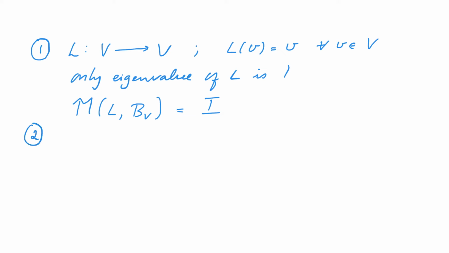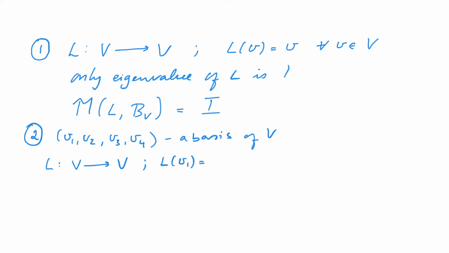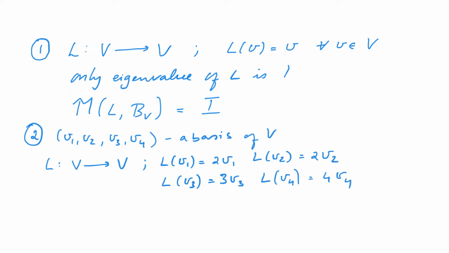Let us now look at a slightly more complicated example. Let V1, V2, V3, V4 be a basis of a vector space V. And then consider the linear map L from V to V given by L of V1 is equal to 2 times V1, L of V2 is equal to 2 times V2, L of V3 is equal to 3 times V3, and L of V4 is equal to 4 times V4.